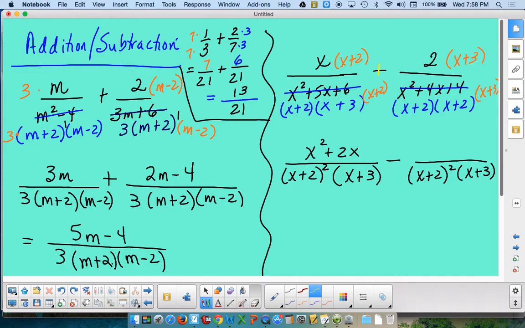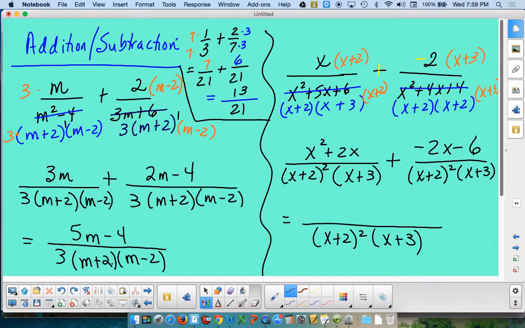I'm going to change it to a plus and make that a negative 2. I am distributing negative 2 in there, so I will have negative 2x minus 6. You must carry negative signs through the entire numerator. Okay, then go ahead and add your terms together. Common denominator is not going to change.